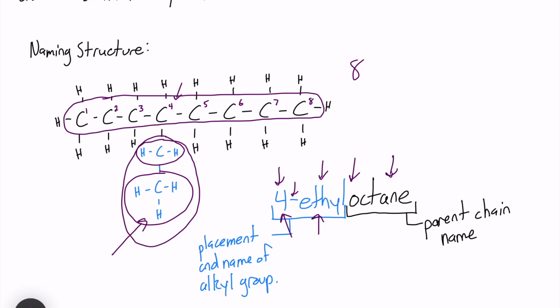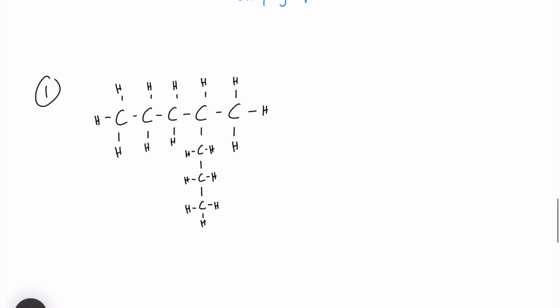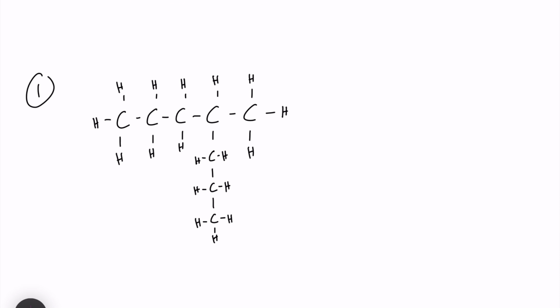Let's get into a few more examples. Number one, let's take a look first at what the longest possible parent chain is. I'm going to circle something here. Although this is in a straight line, this is not the longest possible parent chain.